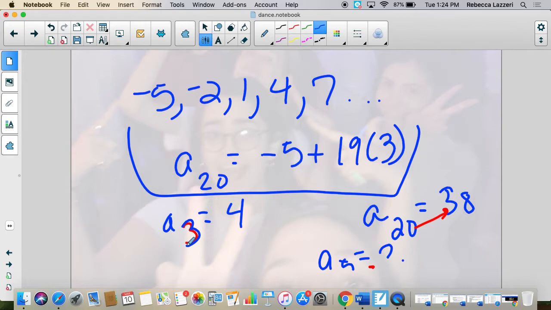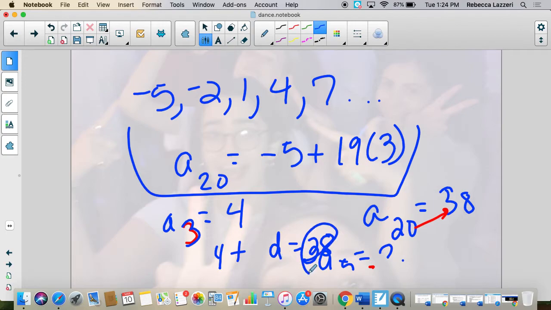Here's what I thought to myself. I started at 4, and somehow I got to 38, by adding something, how many times? I started at 4, I had to add something to get to the 20th term, which I know.